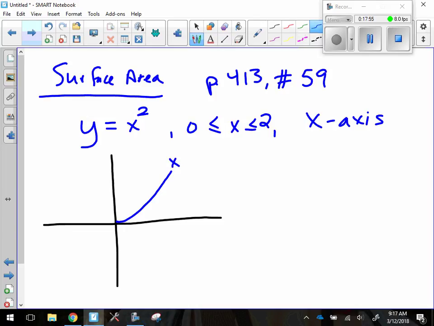I'm going to go out as far as x equals 2 because that's what I'm supposed to do. This is the area under my curve. And I'm going to rotate that about the x-axis. So I end up with something that looks like that.